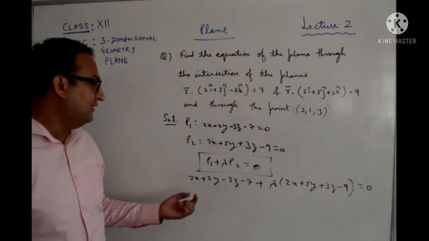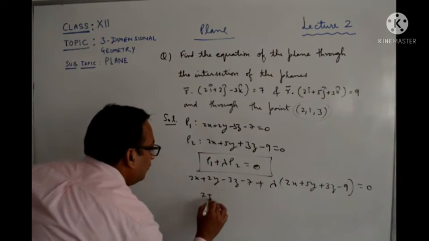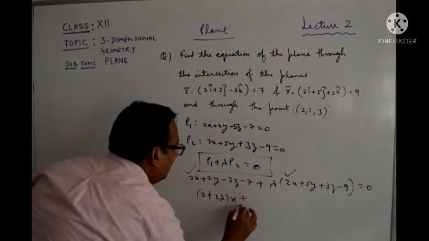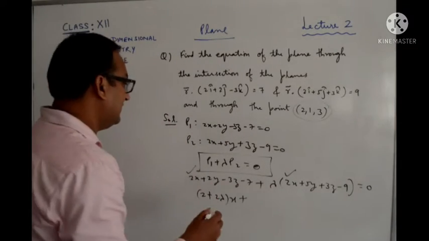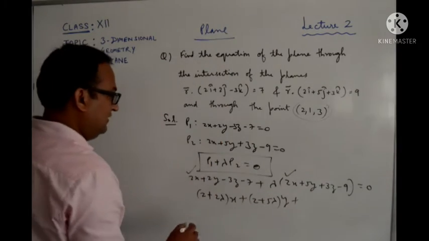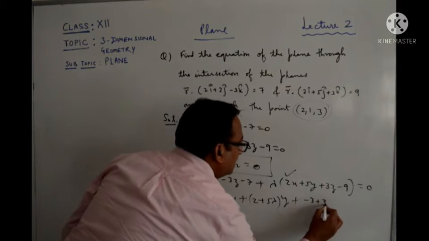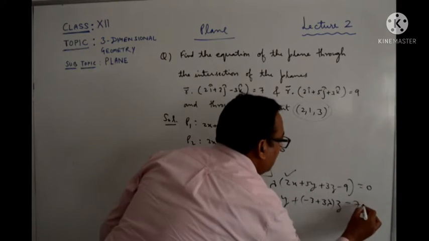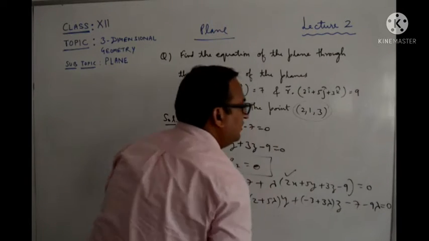So collect the coefficients of x. So (2 plus 2 lambda), 2 from here and 2 lambda from here, x plus similarly y and similarly z: (2 plus 5 lambda) y plus (minus 3 plus 3 lambda) z minus 7 minus 9 lambda equal to 0.